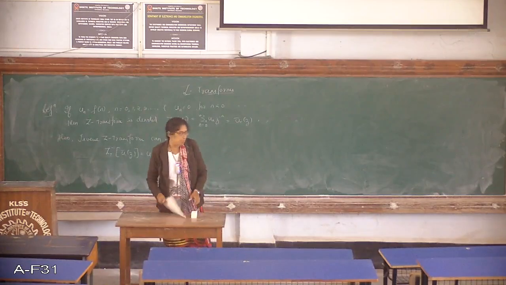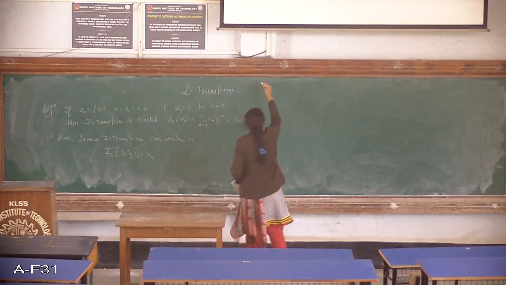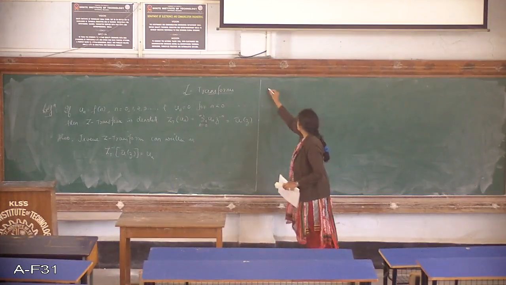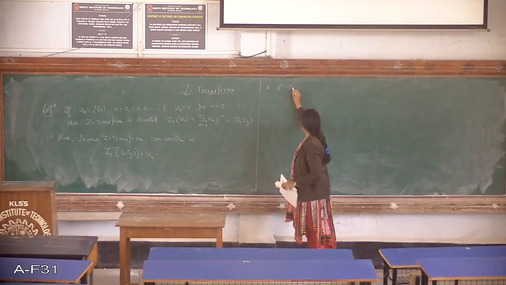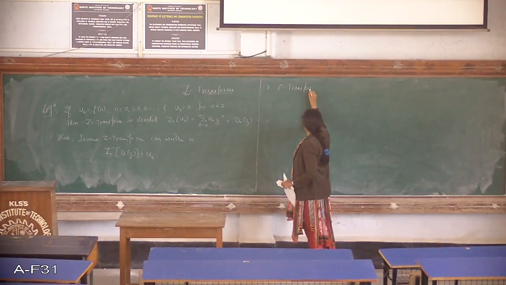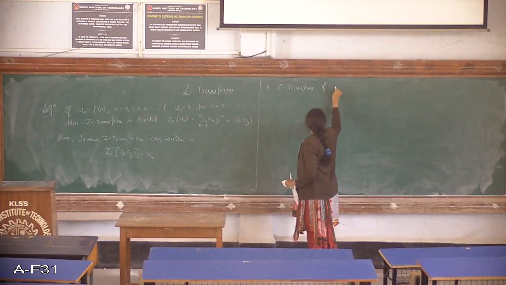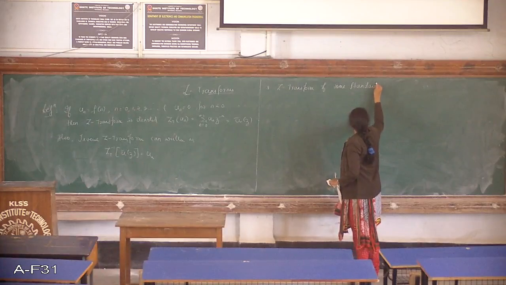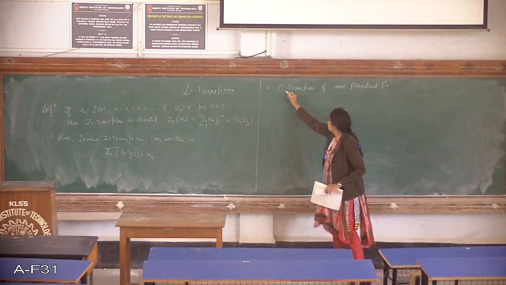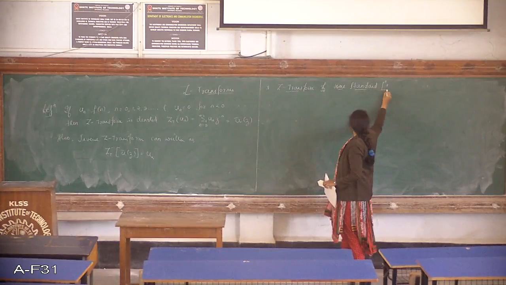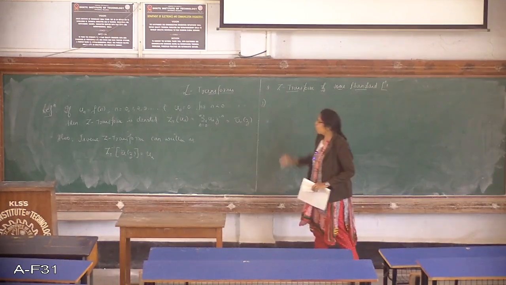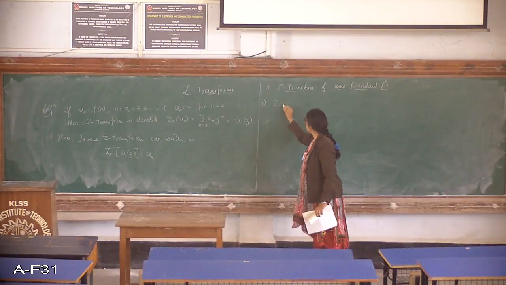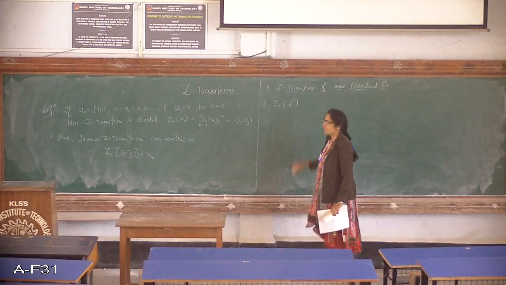So let us start off with the first standard function which is necessary for us. First thing we are starting is Z transform of some standard functions. So let us go for a very important function of n, that is, we are supposed to find Z transform of k raised to n.